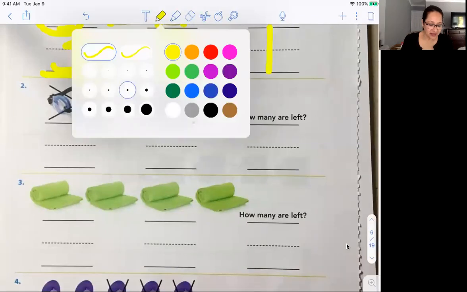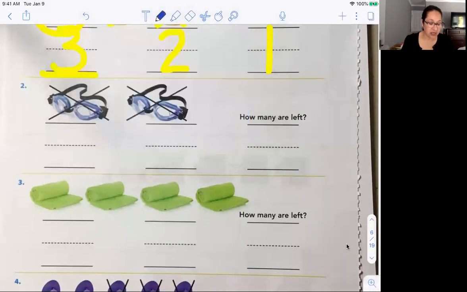So let's see here. You have how many goggles total? Even if they're crossed off, you have to look. How many are there? There's 1, 2, right? There's still 1 and 2. So remember, that's what you're going to put here. How many you see, even if both of them are crossed off. And how many are crossed off, right? How many are taken away?